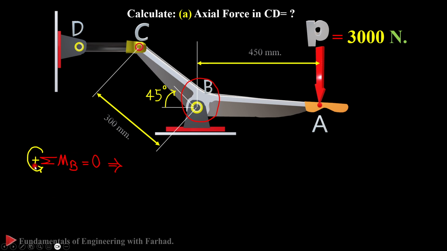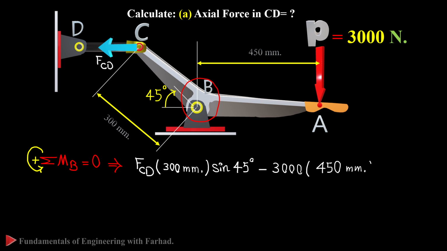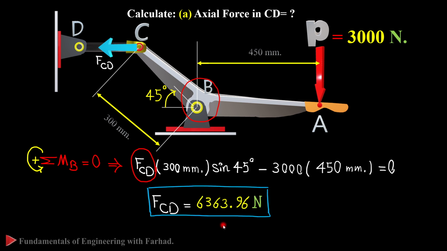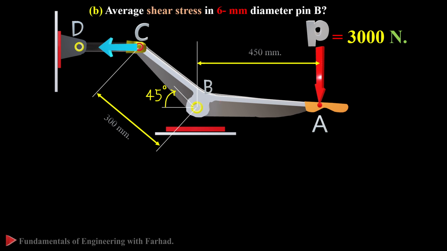Counterclockwise is the arbitrary positive direction, and then we have FCD times 300 millimeters times the sine of 45 degrees, the vertical distance from the force FCD to the point D, minus 3000 Newton, which is our P provided, times 450, which is the distance between the force and the pin B. So in this equation, FCD is equal to 6,363.96 newtons. As soon as we have FCD, our first part is solved.